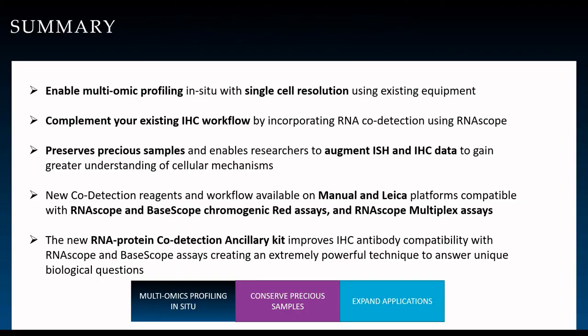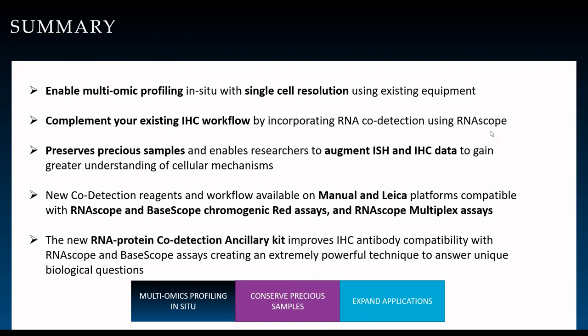So what we have really established is, in addition to inflammation research, ISH-IHC is a very valuable tool to expand the understanding of gene and protein expression and answer significant research questions. So this allows you to incorporate your favorite existing antibodies and your IHC workflow with your RNAscope targets, thereby augmenting your research and understanding of cellular mechanisms.